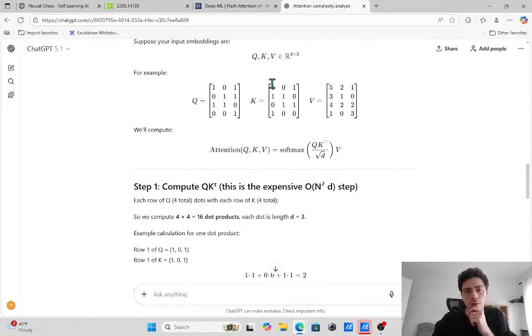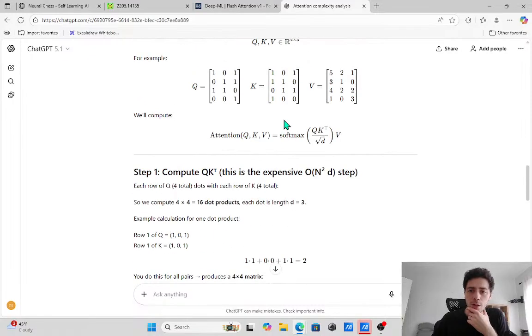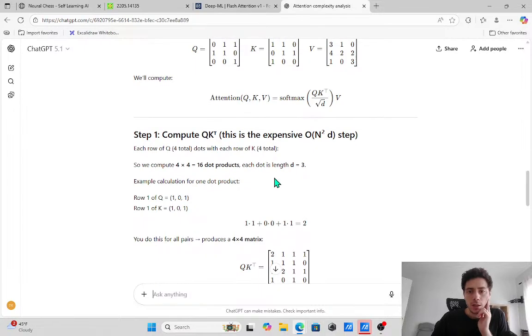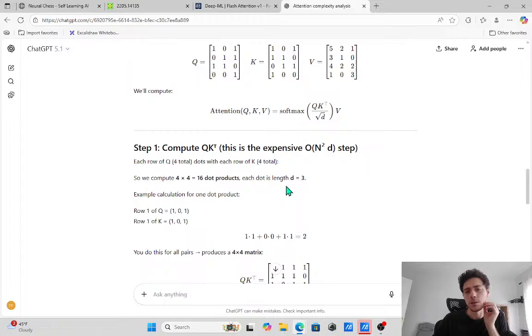So this is 3. I don't like how they didn't give me the matrix already transposed, but taking this, multiplying like that, taking this, multiplying like that, and then, okay, fine. So you're doing 16 dot products, as in each vector gets multiplied, and doing that 16 times. And these are 4 by 4, and that's n, so it's n squared. Fine. Each dot is length 3.